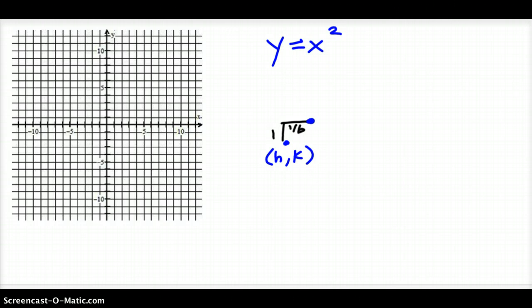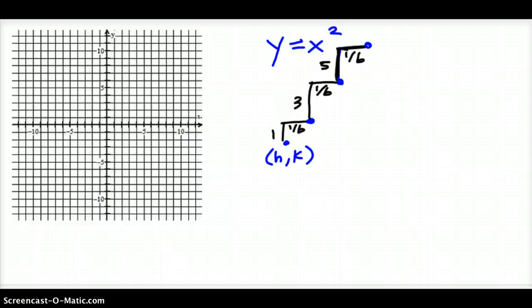Then your distance up is 3, your distance over is the reciprocal of b, and then your up is 5, your over is the reciprocal of b, and so on. So that is the change vertically from the parent function.